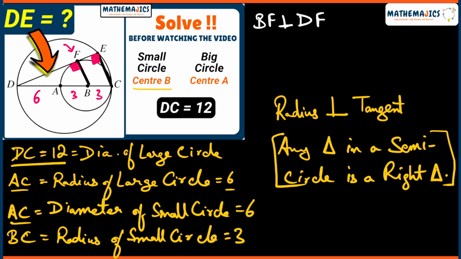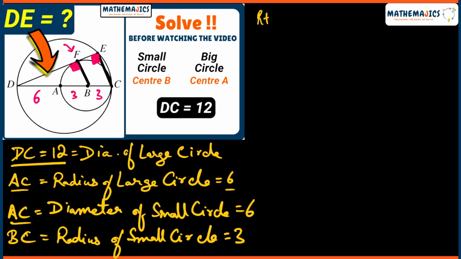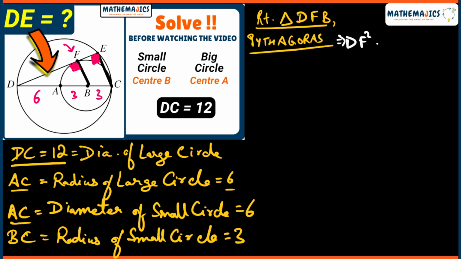After this, let's go to right triangle DFB. In this right triangle, we will be applying the Pythagoras theorem. According to this theorem, DF square plus BF square equals DB square. Now, what is DF? We don't know. What is BF? BF is a radius, so this will be 3.